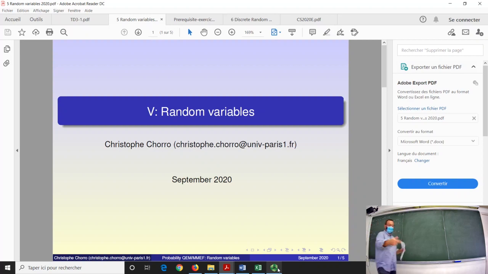So I flip the coin. If I obtain tail, I continue. I flip it again, and so on. So if you are unlucky, you are going to wait for a long time, with a probability that will be small. But it's possible to wait for a really long time if you are really, really unlucky. So we flip the coin until the first head appears.